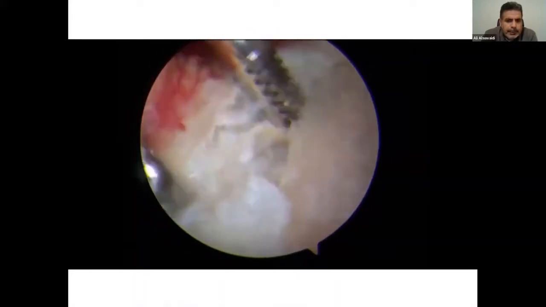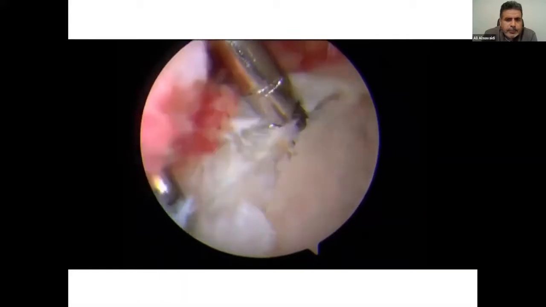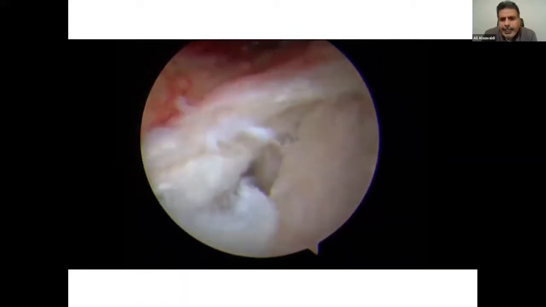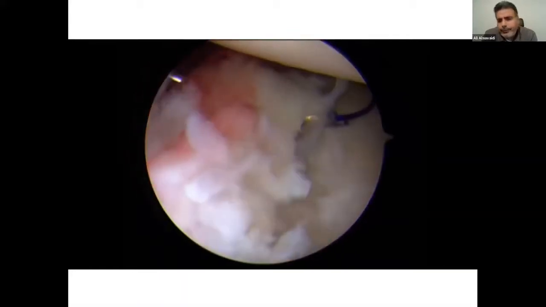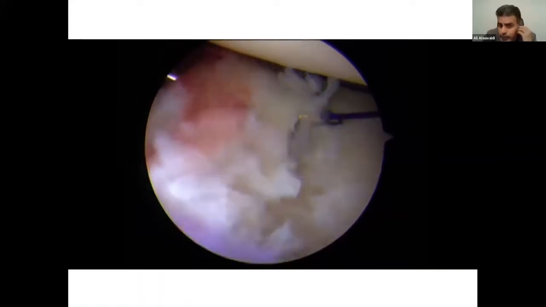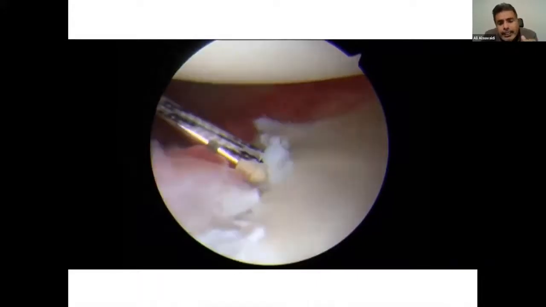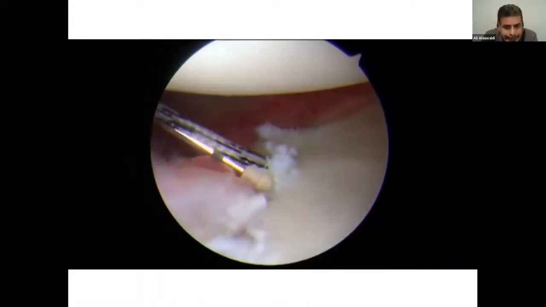from the superior portal, as I talked to you about, I do most of the preparation of the posterior glenoid, and I make sure that the labrum is well liberated before I go ahead and do the shuttling. And in this particular case, interestingly, I decided on a knotless technique.